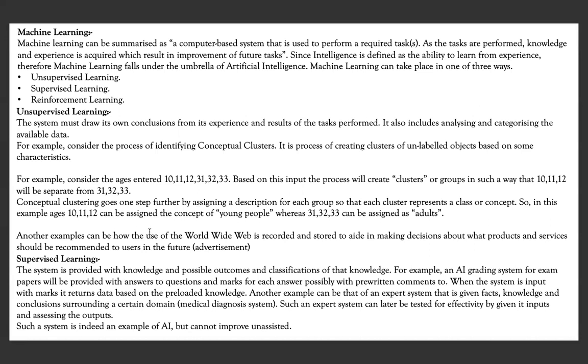Another example can be how we use the World Wide Web. Our activity is recorded and stored to aid in making decisions about what products and services should be recommended to the users in the future. This is also very heavily used in advertisement.